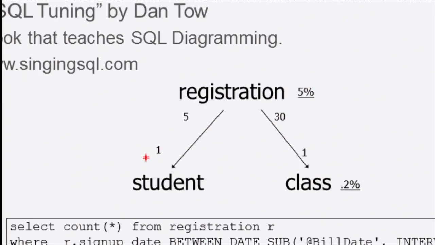These numbers on the side of the arrows basically are the join criteria. What we're saying is for every one student, there's probably about 5 records on average in registration. And you can figure that out just by selecting the average of the count, do a subquery, select the student, the number of records, and then find the average.